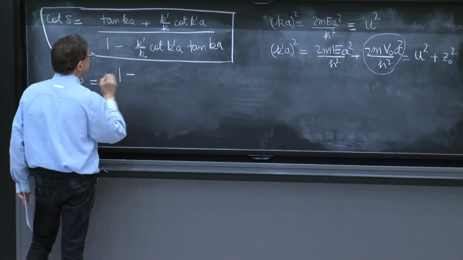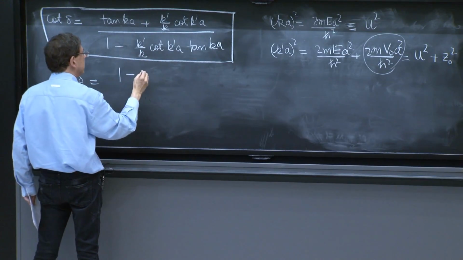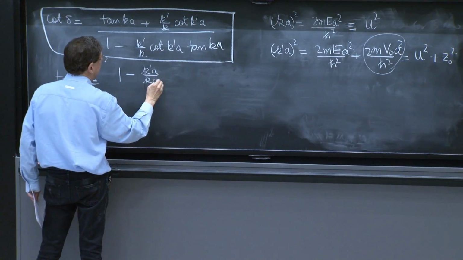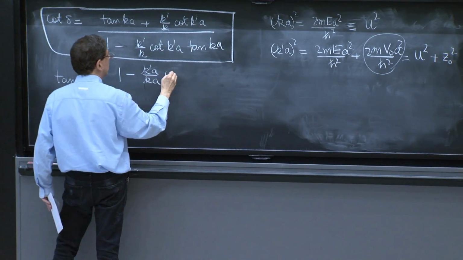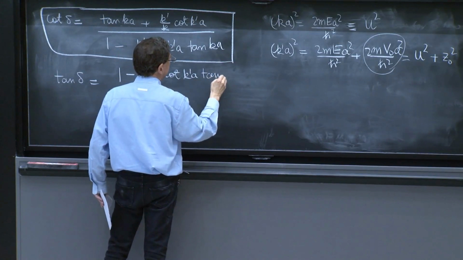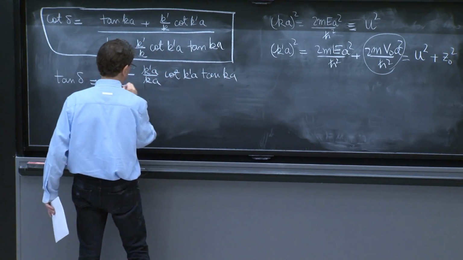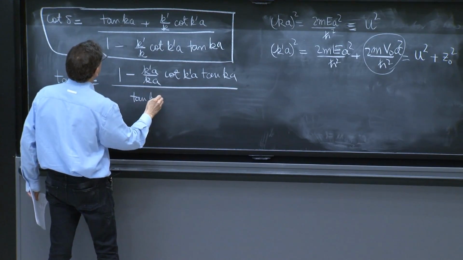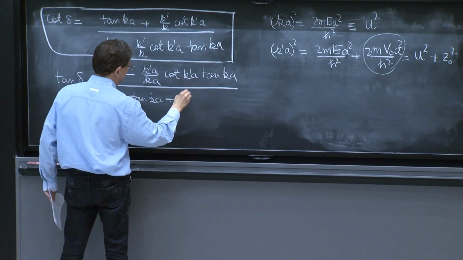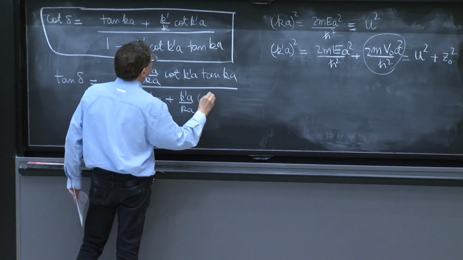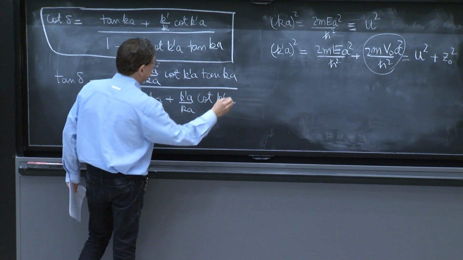You would have 1 minus, the inverse of this would be k prime a over ka, put the a's always, so cot k prime a tan ka over tan ka plus k prime a over ka cot k prime a.